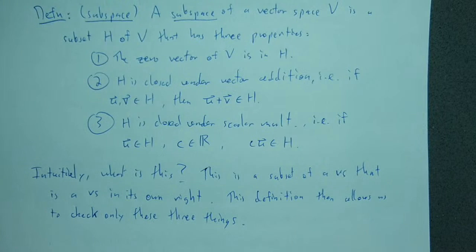Well, what's the alternative? If I didn't have this definition, if I defined a subset of a vector space and I wanted to verify whether or not that was a vector space on its own, then using the definition of vector space, I would have to actually verify that it satisfied every single one of those vector space axioms, and there's a whole long list of those.